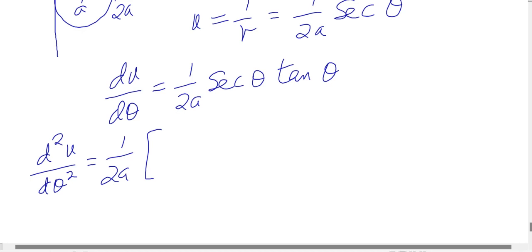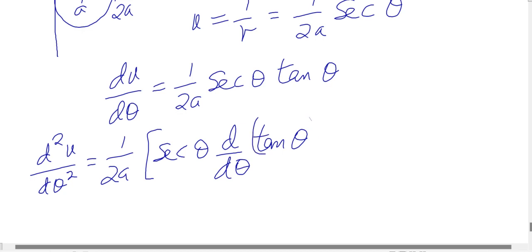So the product rule says that we hold one function, we differentiate the other first. So we can hold sec theta and differentiate tan theta. Then now we hold tan theta and differentiate with respect to theta.